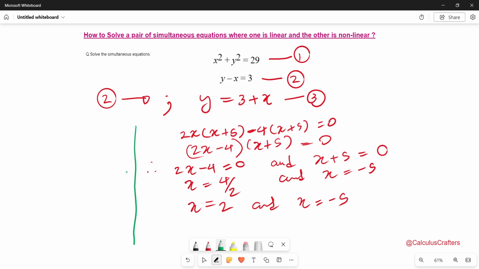What we're going to do now, let's take the first value. When x is 2, we can say from the second equation y minus 2 equals 3, then y is basically 5.